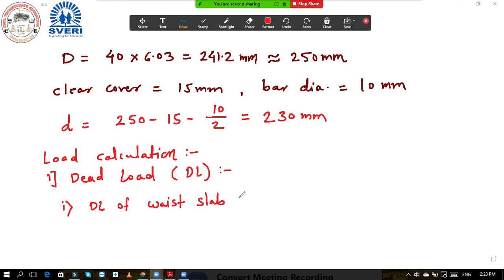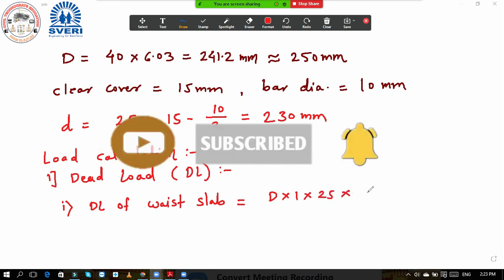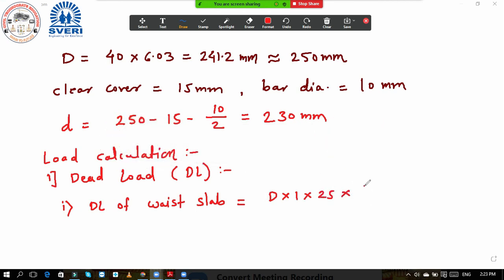Waist slab is nothing but the staircase slab. How to calculate it? It is D into 1 into 25 into under root R square plus T square, whole divided by T. Per meter run we will calculate, so divide by T.